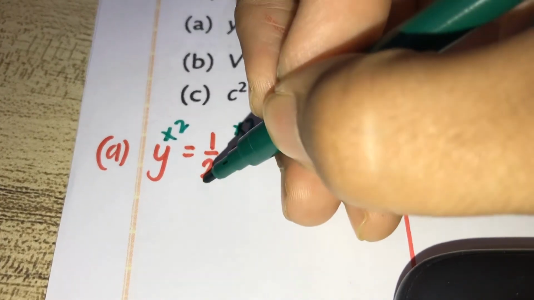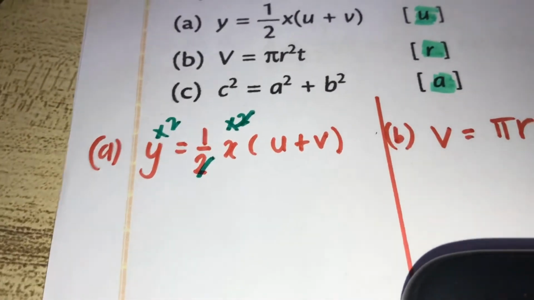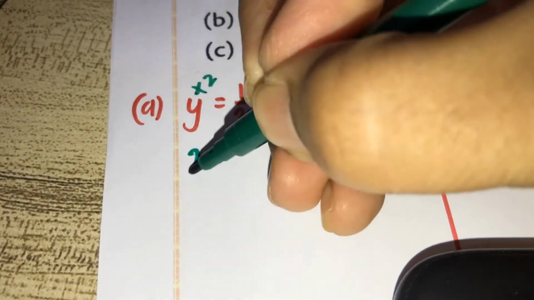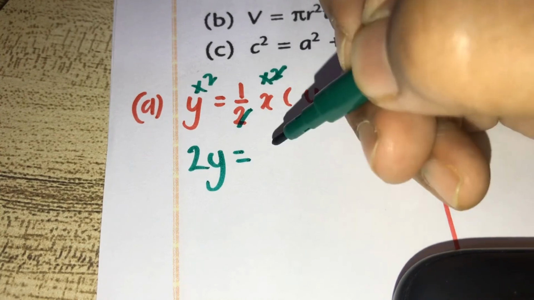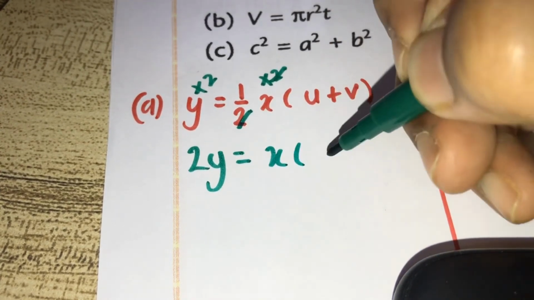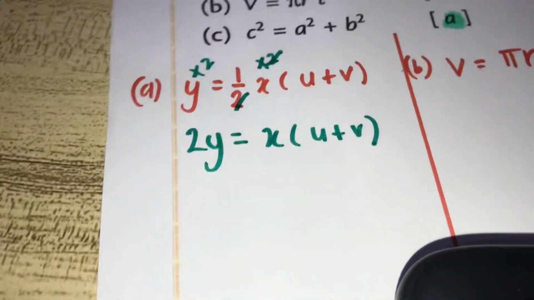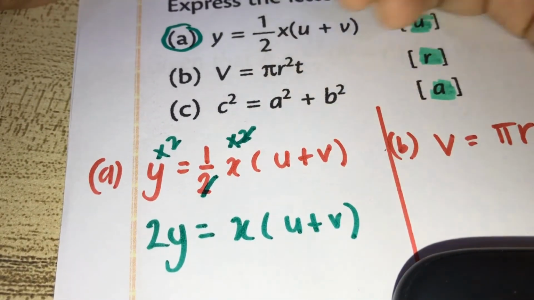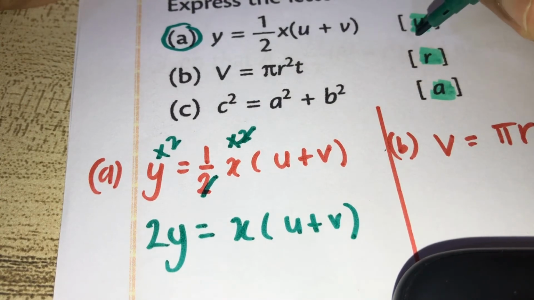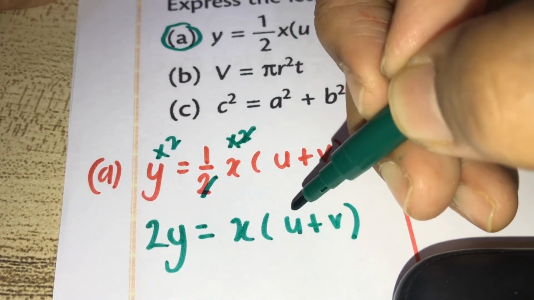You can cut this, it becomes 1 only. So you get 2y equal to 1 times x, becomes x only, times u plus v. You can get like this, right? For question A, the subject formula is u. Remember this, u as the subject formula.